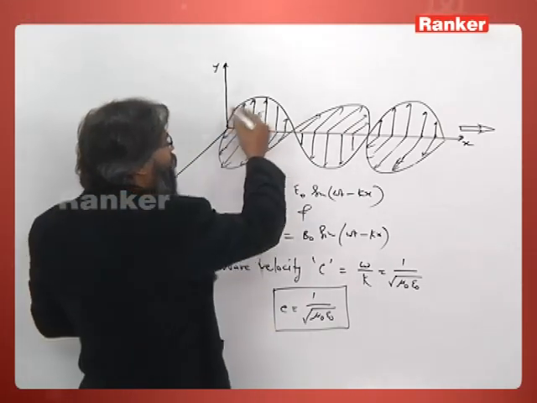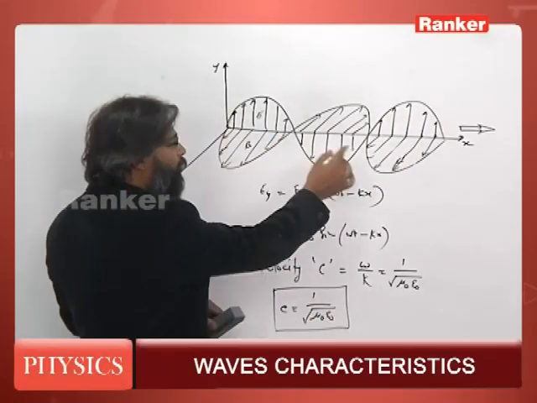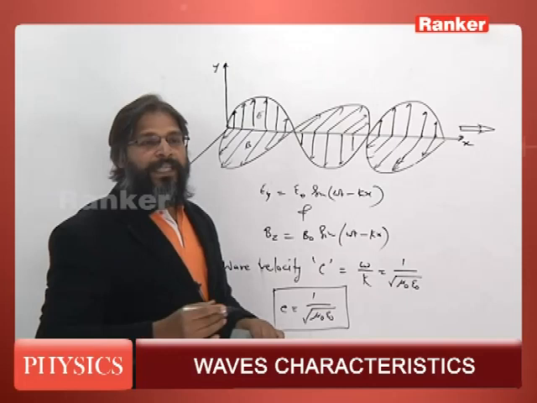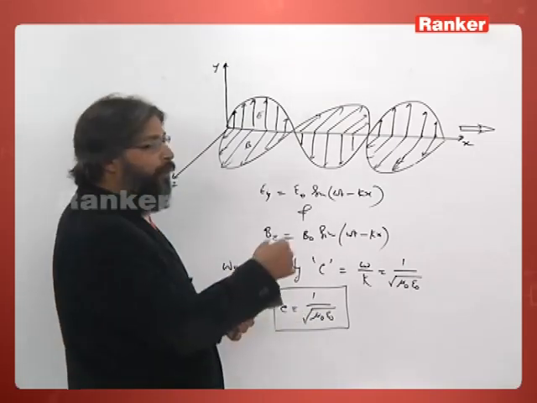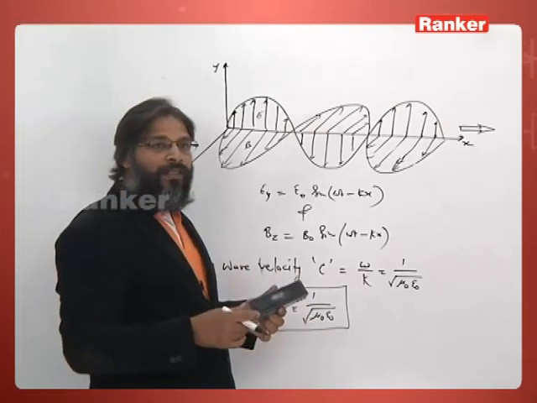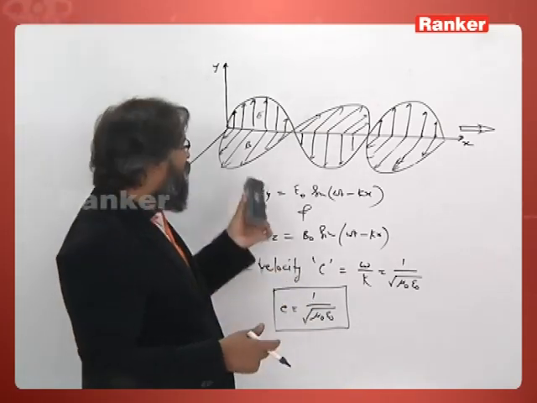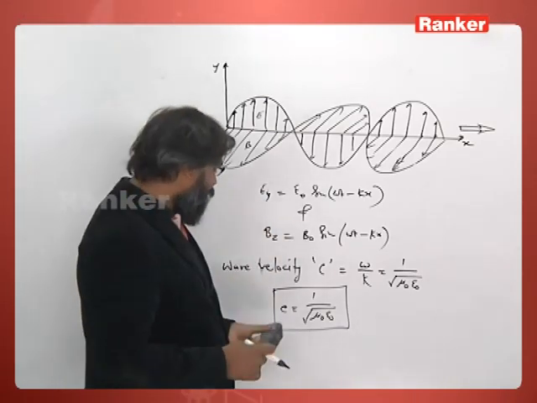You see, the wave I have shown here is a sinusoidal wave, E is sine and B is also sine. It may not be sine; it may be some other function, or an exponential function, depending on the motion of the charge which has created this type of electromagnetic field.